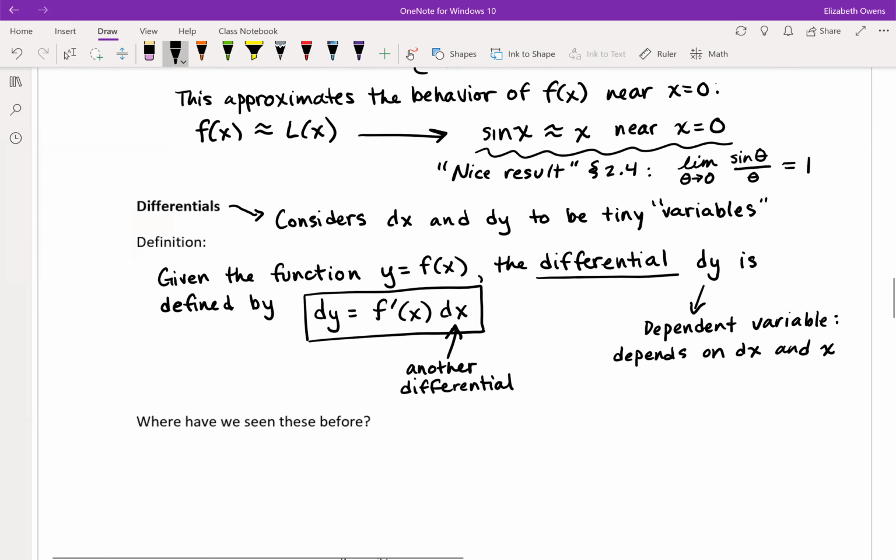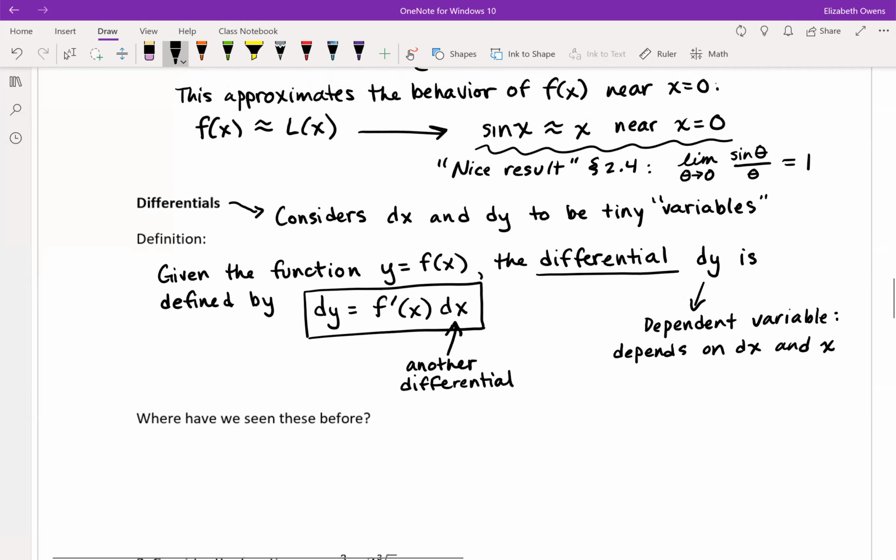Okay, now where have we seen these before? You might know, dy and dx come up real often in one of our favorite notations, the Leibniz notation, dy dx, which means the same exact thing as the derivative f prime of x.